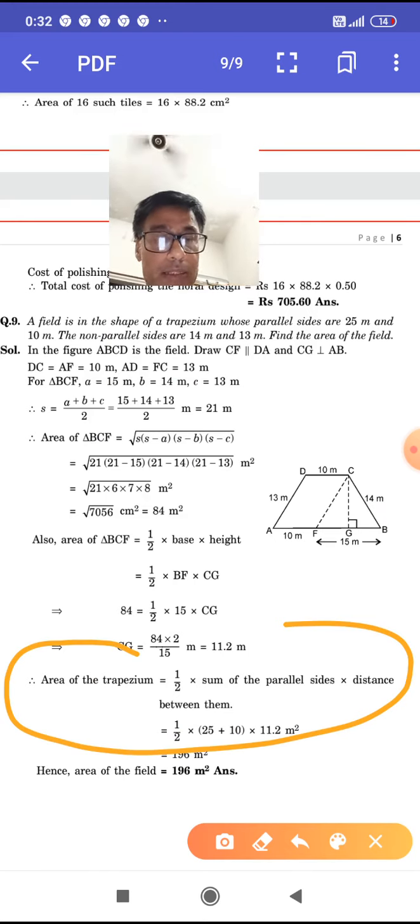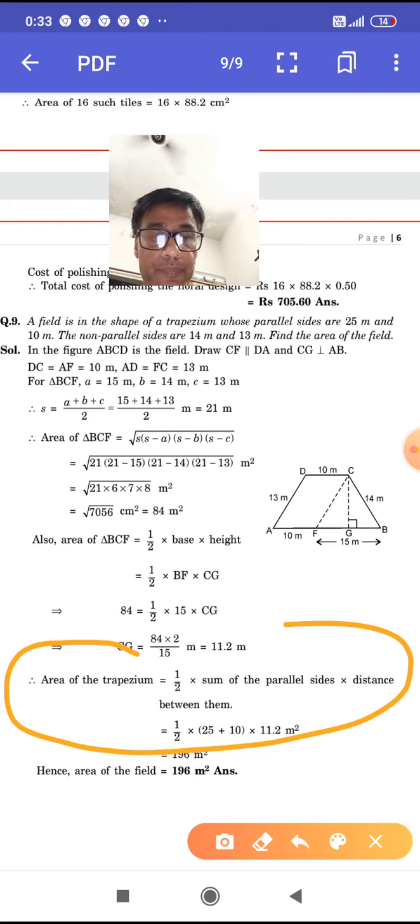We know the values of the parallel sides, but we don't know the distance between them. So what do we have to do? First we will find the area of the triangle BCF and apply the formula 1 by 2 base into height.